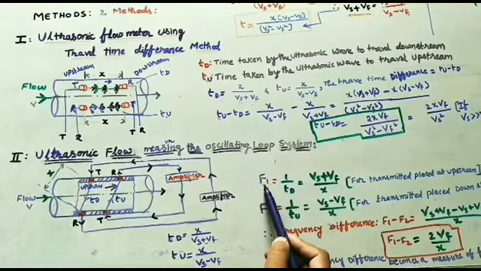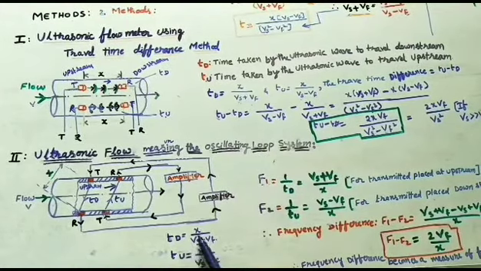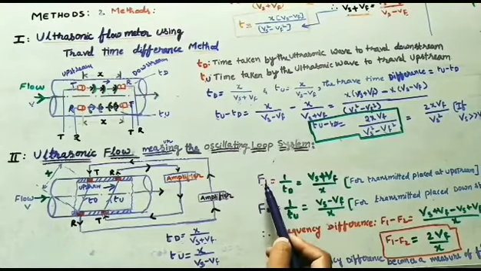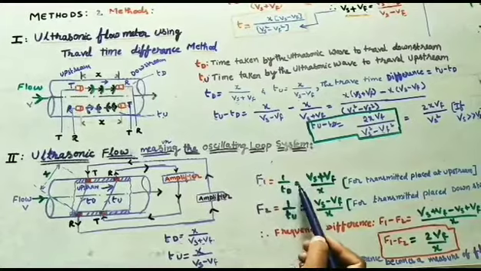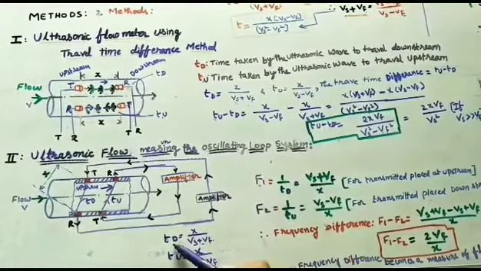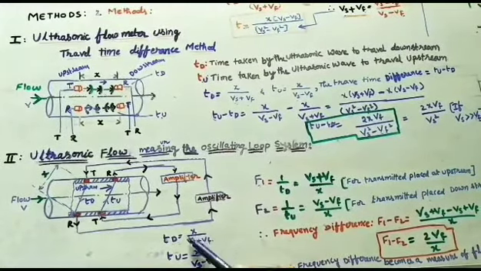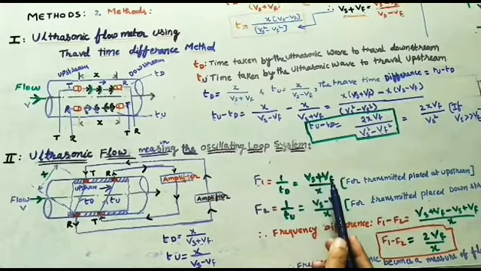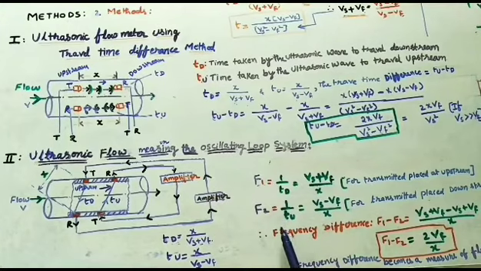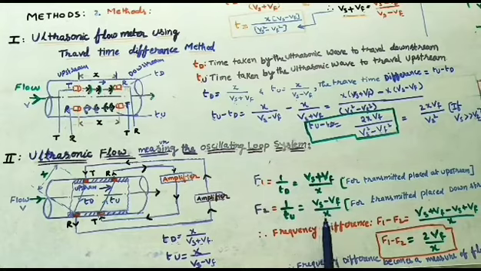Frequency is nothing but 1 by time. So F1, the frequency of these waves, is equal to 1 by TD, which is Vs plus Vf by x, and F2 is equal to 1 by TU, which is Vs minus Vf by x.